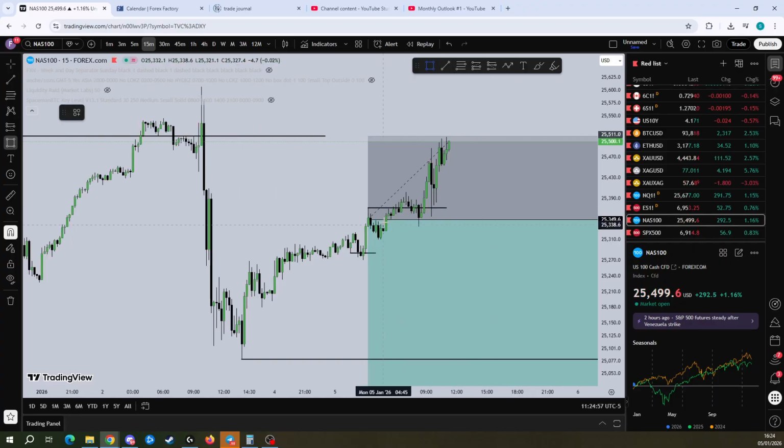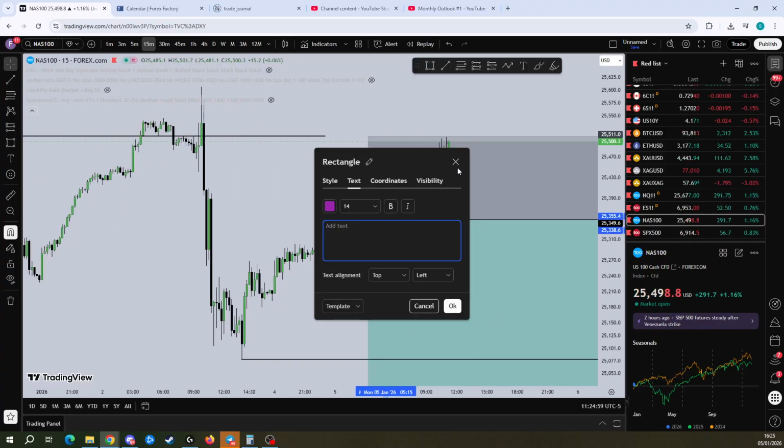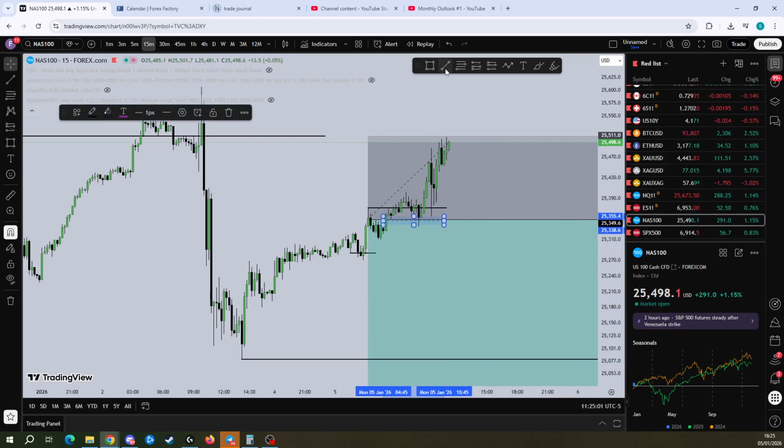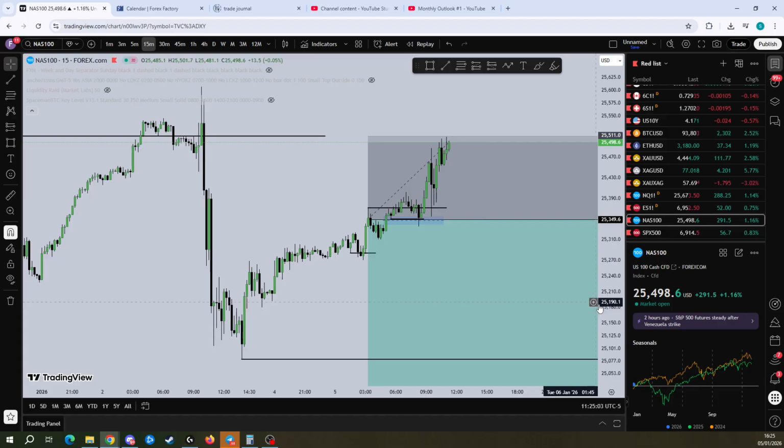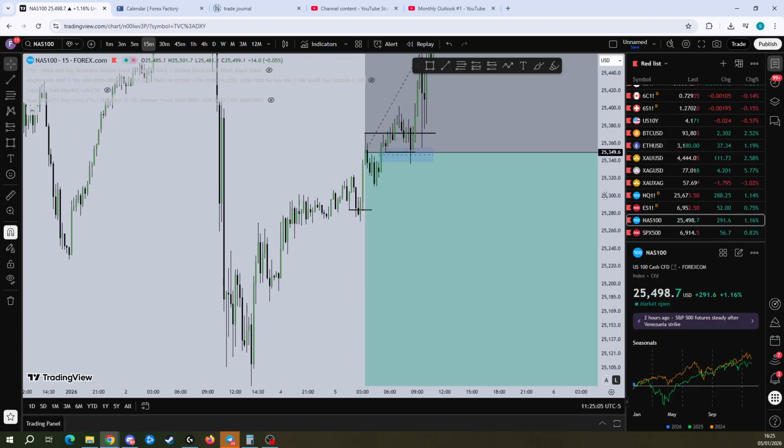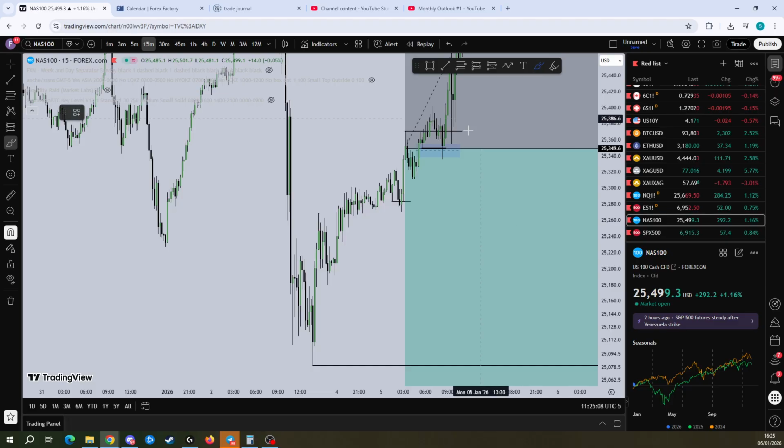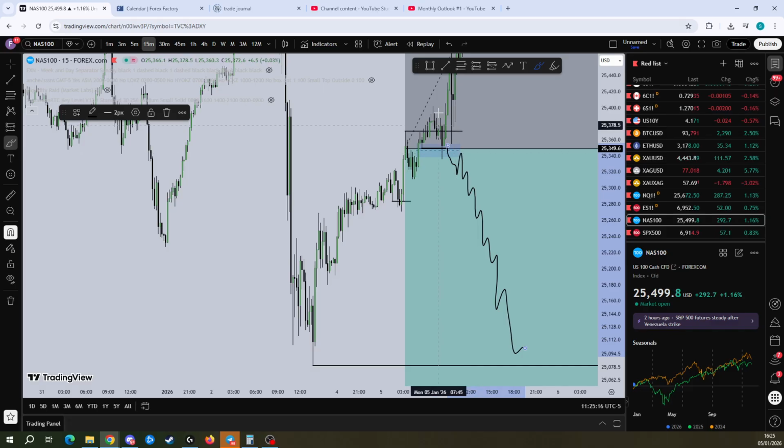So again, the fair value gap was holding again, and we ran this low. But yeah, if we got like a closure here, I probably would have actually taken an intraday entry there. Entry here, SL here, and then TP all the way down here as well.